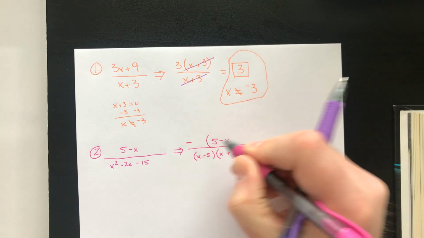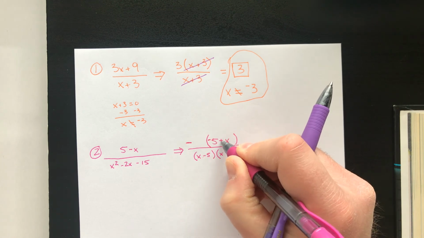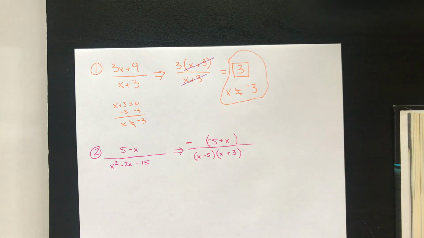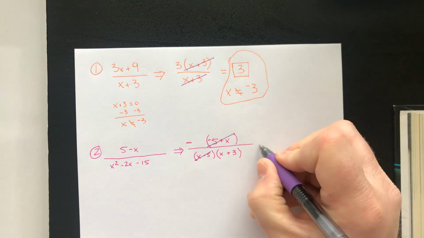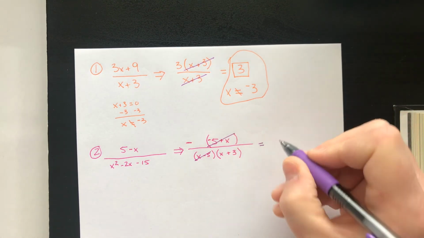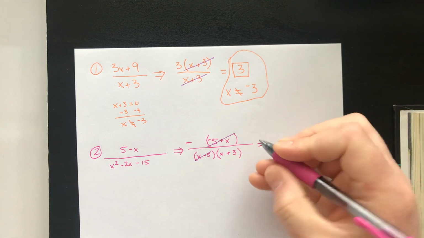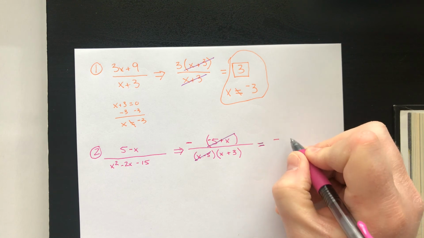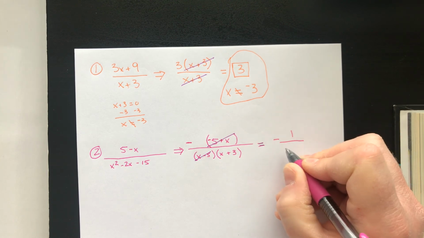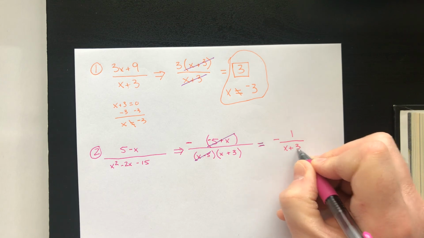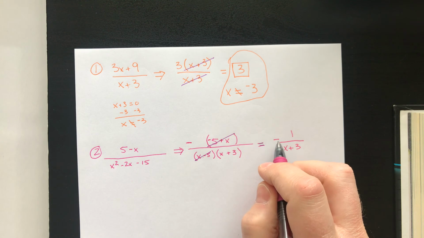Now the numerator becomes a negative times x minus 5, and now I can cancel this. My answer is going to be negative 1 over x plus 3, because I had to pull that negative out, so the negative is going to stay there.